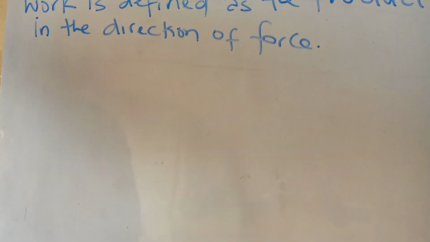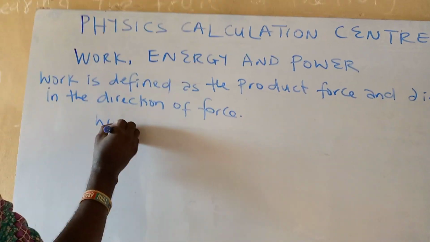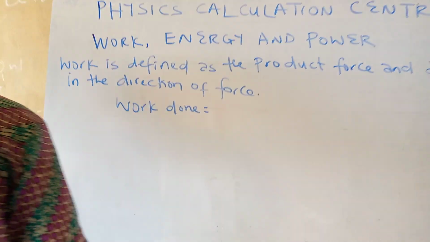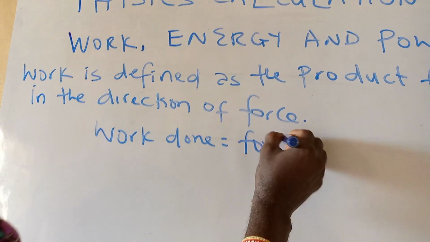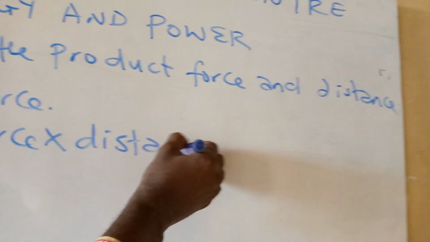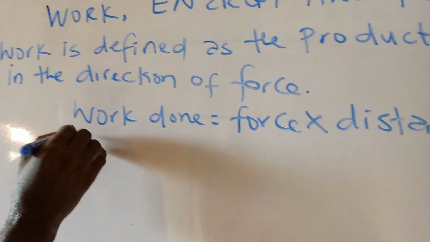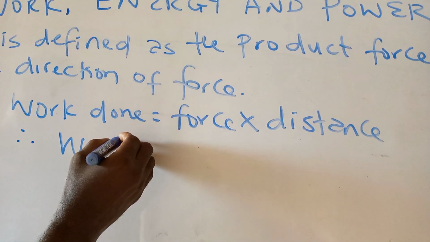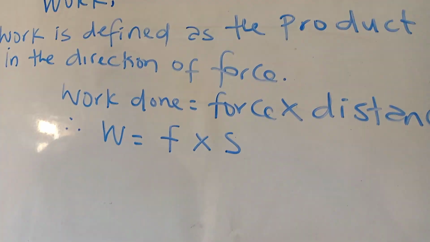Beautiful. In the direction of force. So we can simply put it as work done equals force times distance. Using notation, F for force and S for distance.